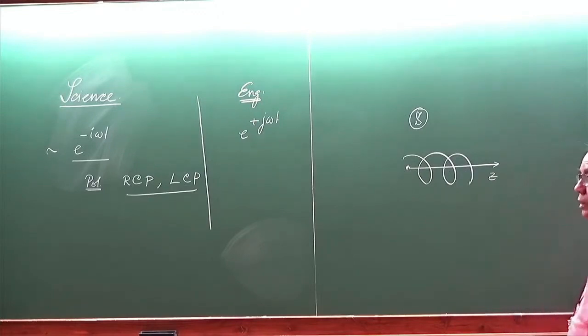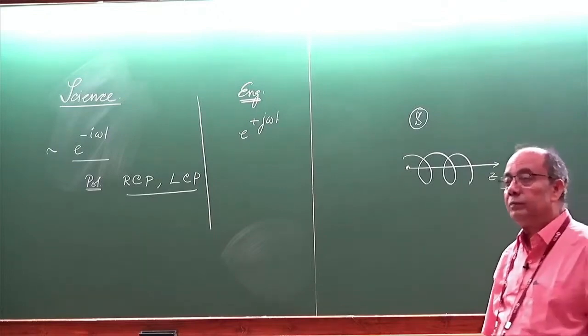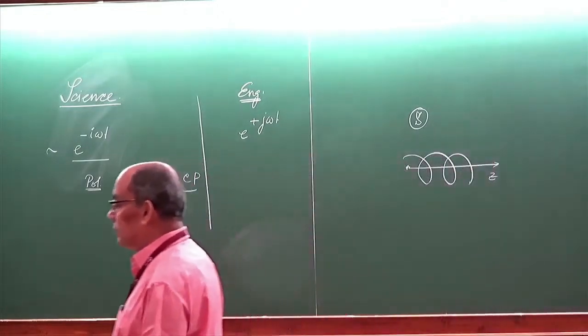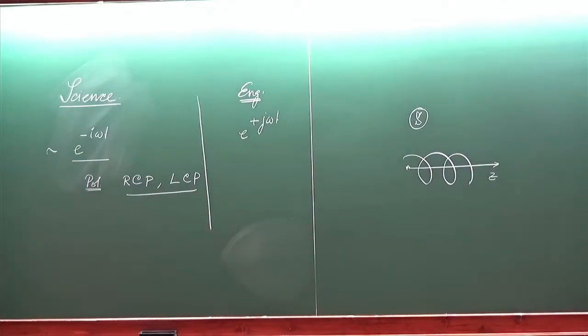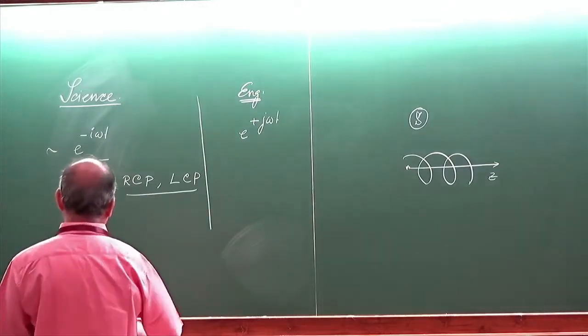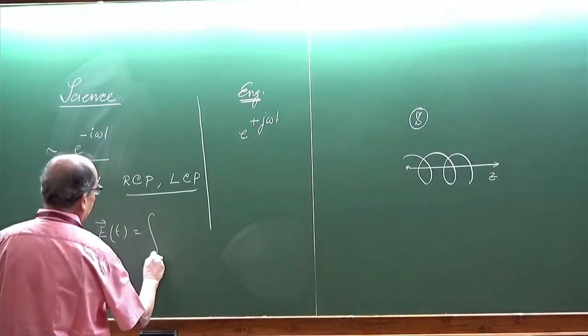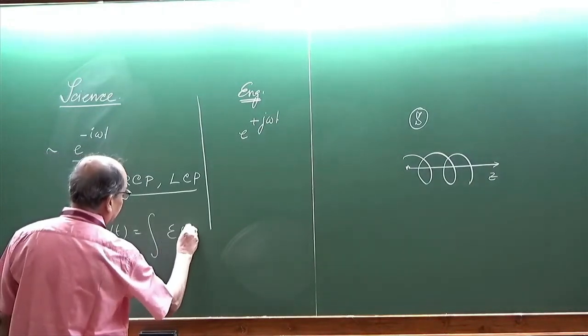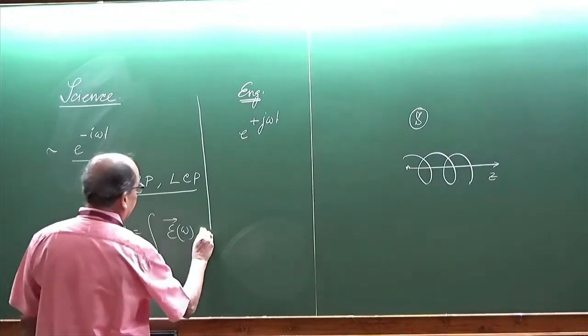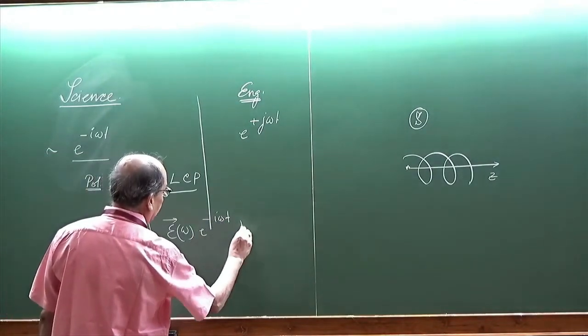Now this is sidetracking a little bit. Let's say you are doing a Fourier transform. Many of you use MATLAB. I burnt my fingers for a couple of months to understand this basic thing. For the forward transform, you write the temporal factor e to the power minus i omega t, so E(t) is the integral of E(omega), which is the spectrum, times e to the power minus i omega t, d omega.